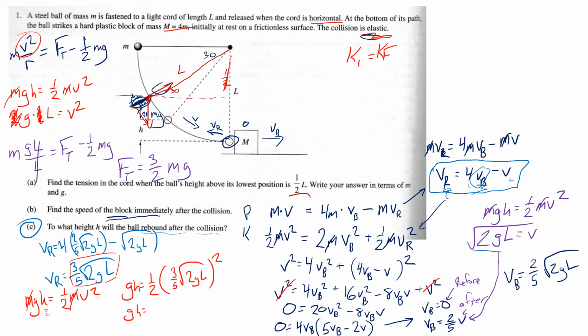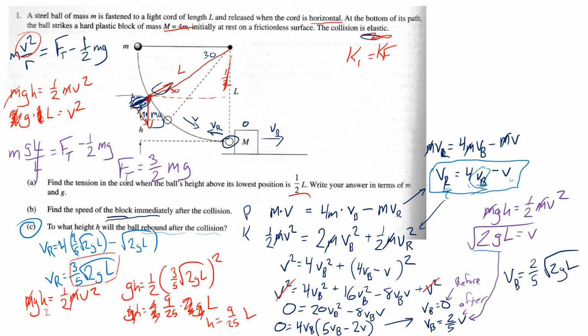So gh is going to equal 1/2 times 9/25 times 2GL. The 2 and the 1/2 can take each other out. The g's can cancel out. So what you're going to have is h is going to equal 9/25 of L. And that's it. All right, wasn't that fun?